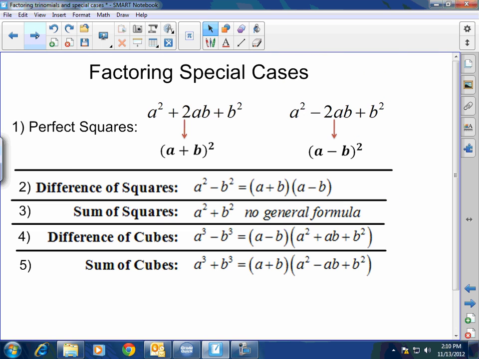Shh, guys, chill. Okay, now, I doubt we're going to get much further than this because we have announcements coming up soon. But let me just start, okay? When you're factoring special cases, don't let this scare you, okay? The first ones that you see here, the perfect squares, it's great to memorize them, but you really don't have to, okay?